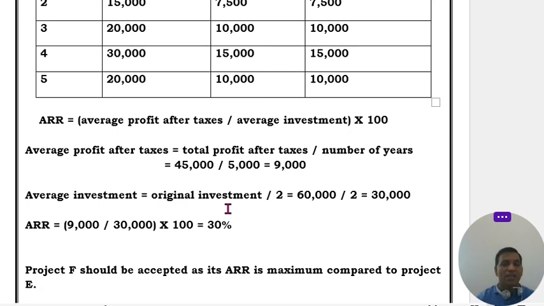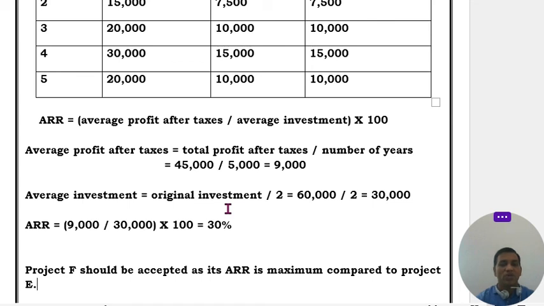The traditional non-discounted cash flow methods are the payback period method and ARR. In my previous video, part 1, I discussed the payback period method. In this video, I discussed the ARR, accounting rate of return or average rate of return method. I hope you understand. If you have any doubts, you can send me an email or comment.